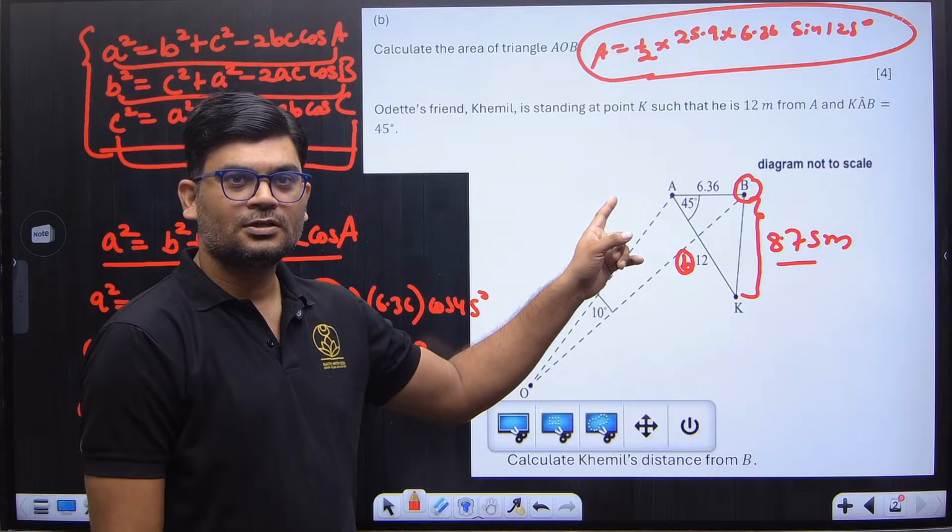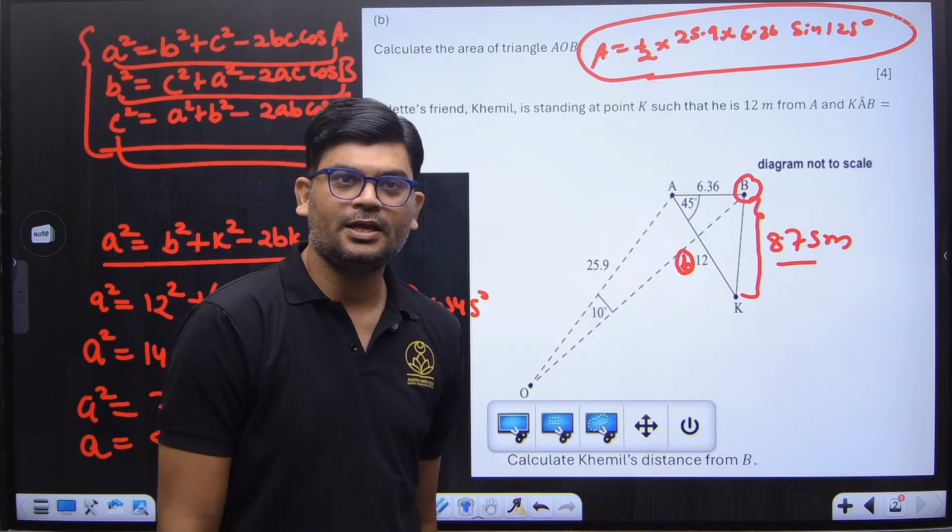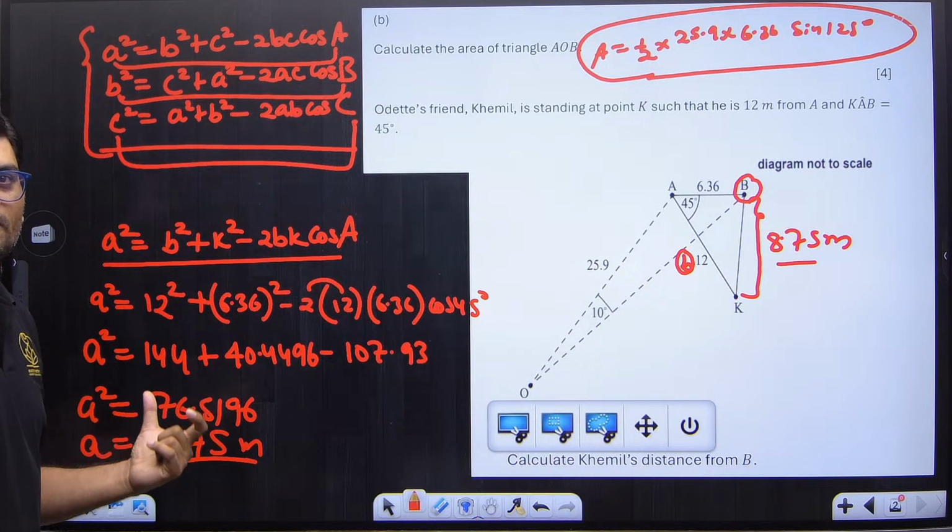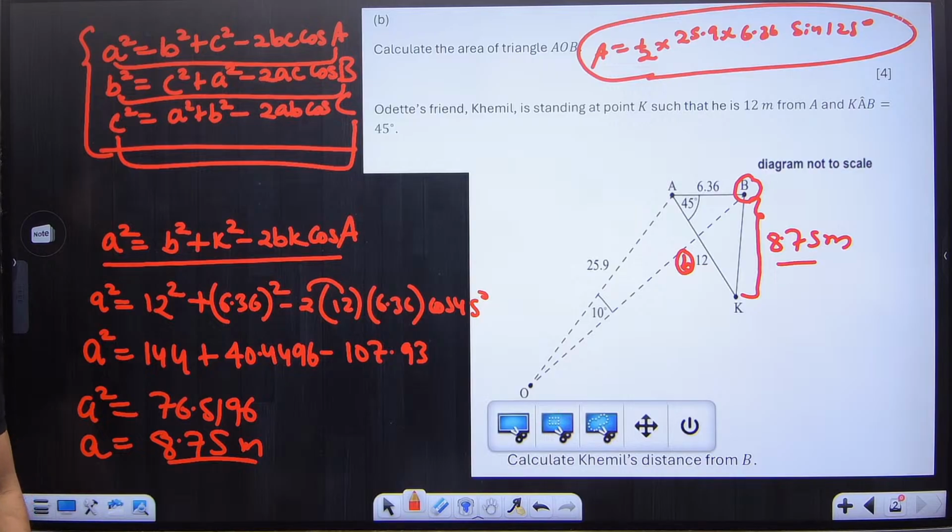And the side in front of angle A is small a. These are the standard names, symbols, that we use, so we do need to follow all this. That's why this c is small c, this is not capital C.